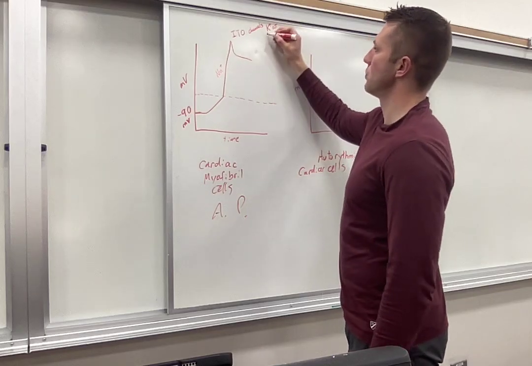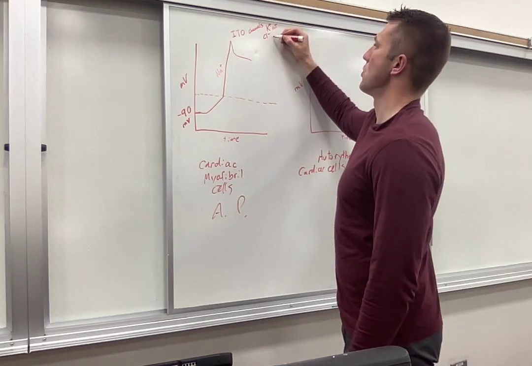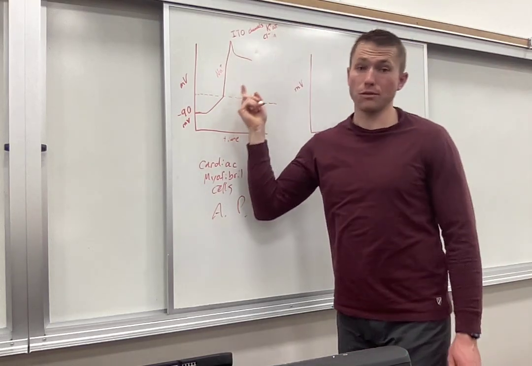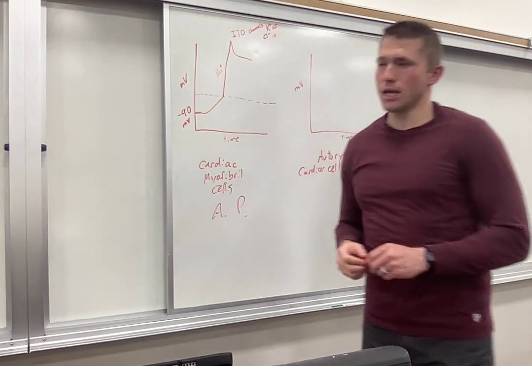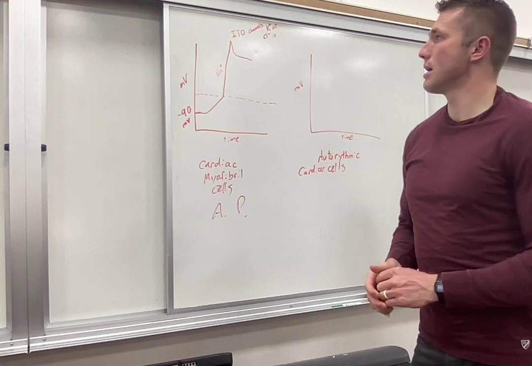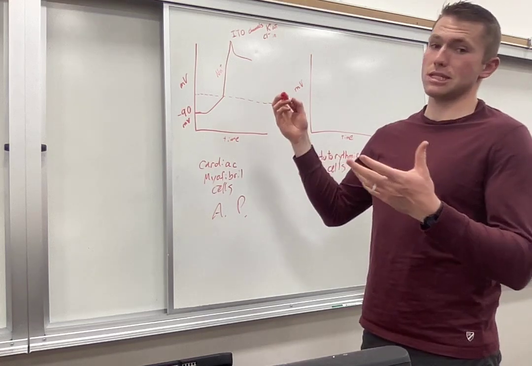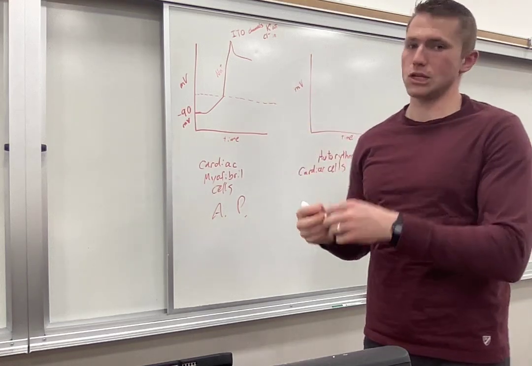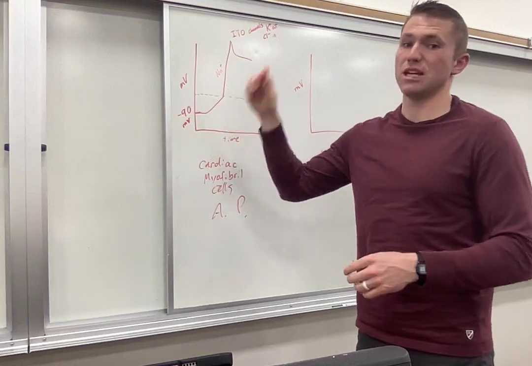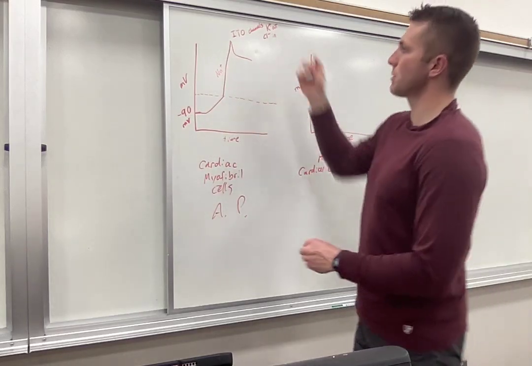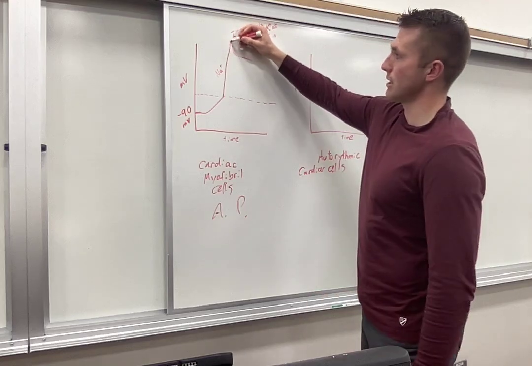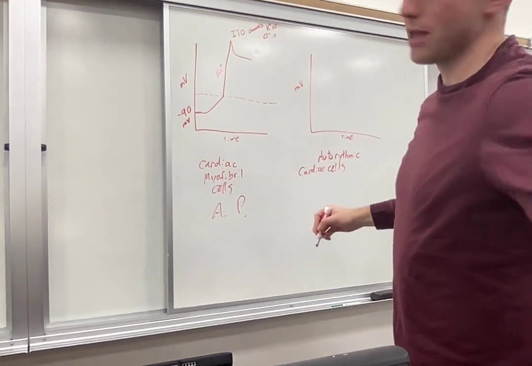I was also told that chloride goes into the cell as well when the ITO channels open. That causes a repolarization, right? Potassium leaving makes it more negative, chloride coming in makes it more negative.